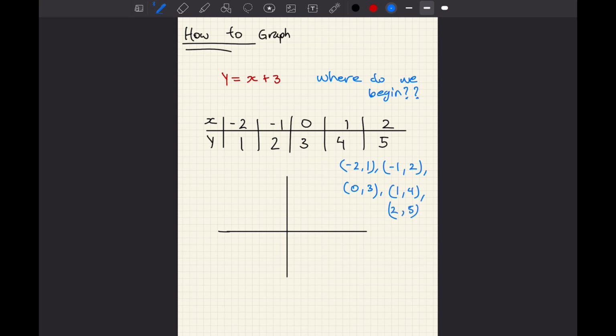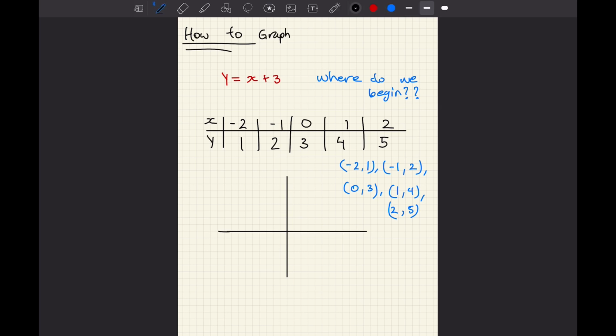Where did I get these? Well, they are these points here. Okay, so this part here tells us that x equals -2 and y equals 1. And that is a point that we can plot.